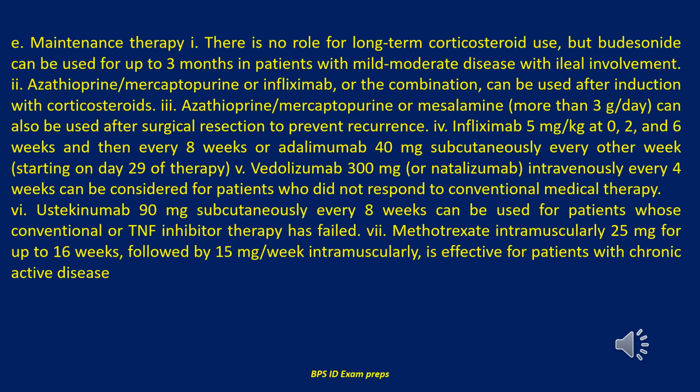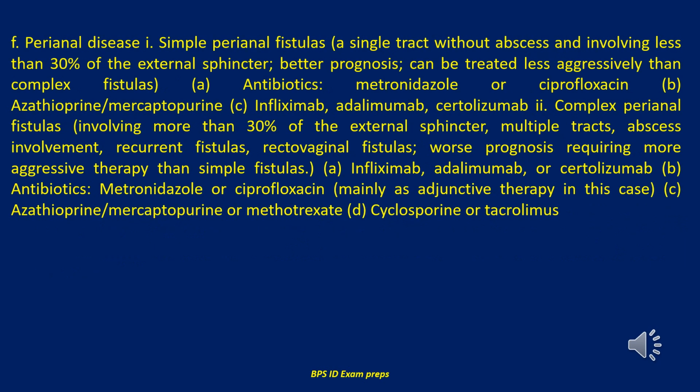Ustekinumab 90 mg subcutaneously every 8 weeks can be used for patients whose conventional or TNF inhibitor therapy has failed. 7. Methotrexate intramuscularly 25 mg for up to 16 weeks, followed by 15 mg per week intramuscularly, is effective for patients with chronic active disease. We will now look at perianal disease.